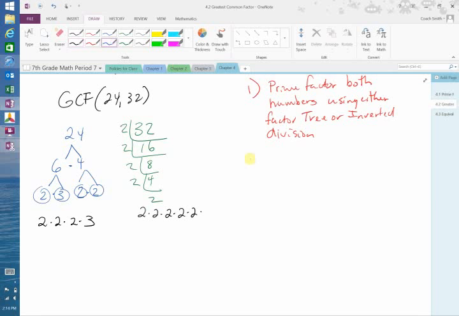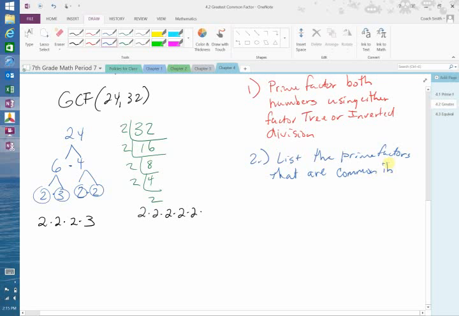So step 2, list the prime factors that are common in both prime factorizations.